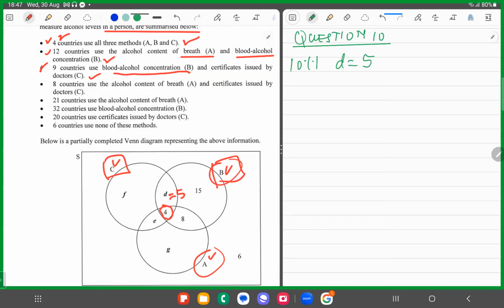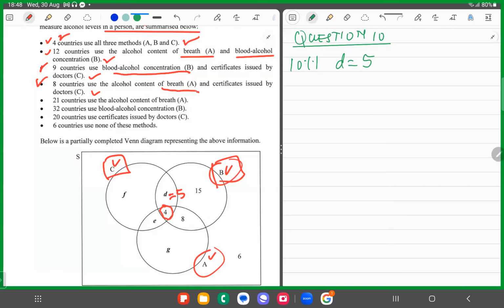Okay, we need to find some of the values here. 8 countries use the alcohol content of breath A and certificates issued by doctors C. Let's look at this one here.